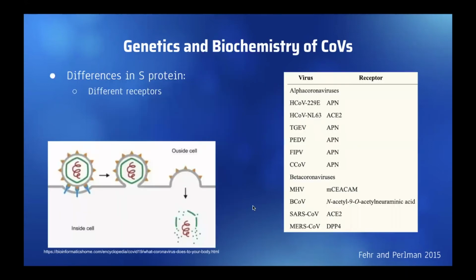More differences between the 4 genera can be seen in the spike protein and the different receptors used as highlighted in this table. Based on known coronavirus receptors, many alpha coronaviruses utilize aminopeptidase N, or APN, while there's more of a variety seen in beta coronaviruses.